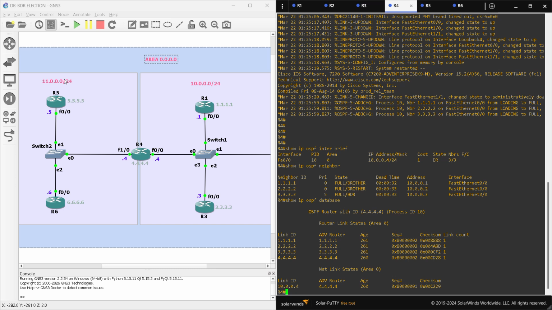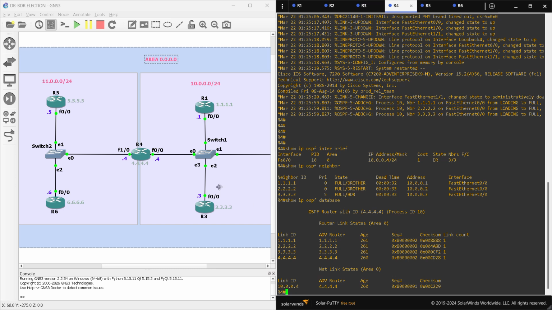So this is what the conclusion will look like: you will see 6 router LSAs, right? As we have 6 routers till R6, and you will see 2 network LSAs.